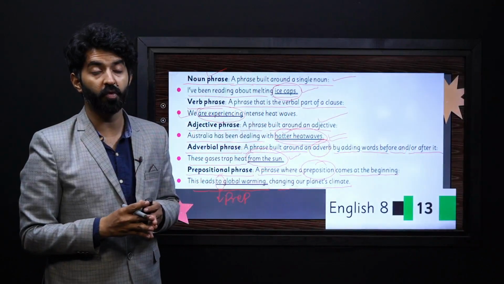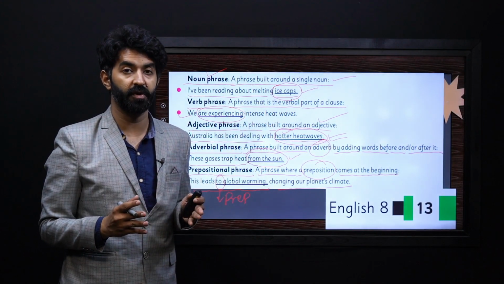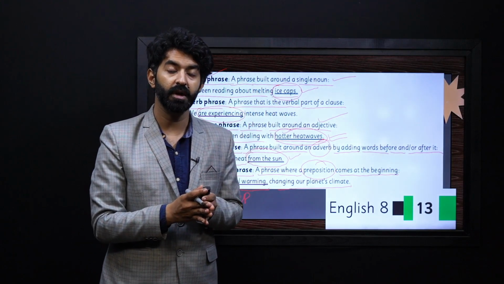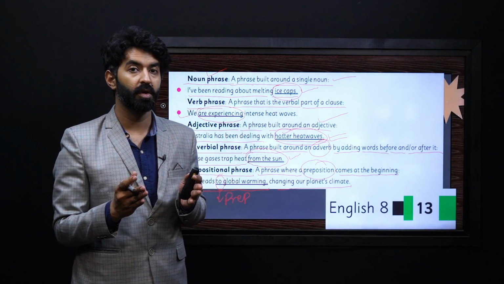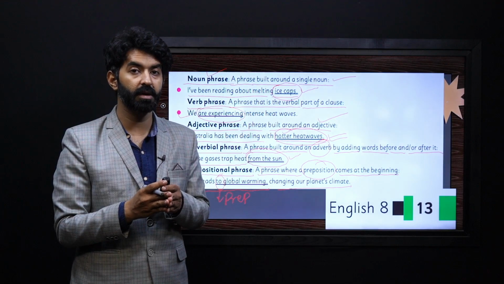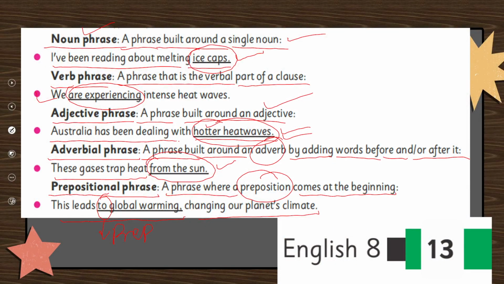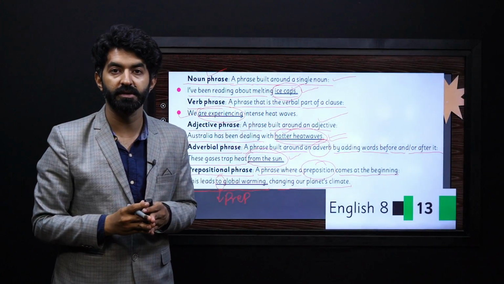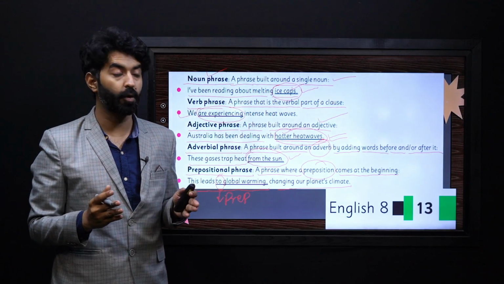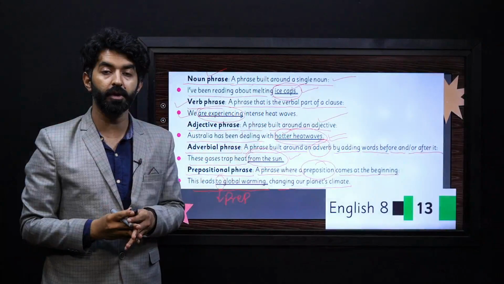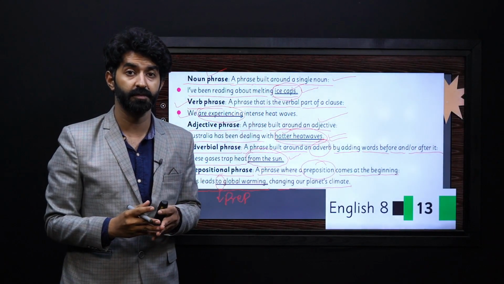Now if a phrase has a noun and it's telling something about the noun, we can call it a noun phrase, like ice caps, caps made of ice. Similarly, we have verb phrase, adjective, adverbial, and prepositional phrase.